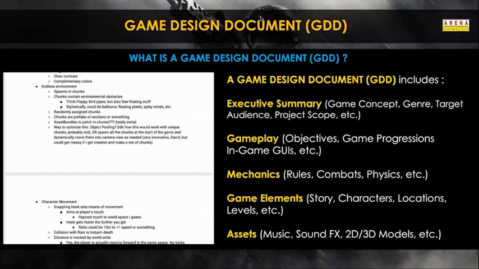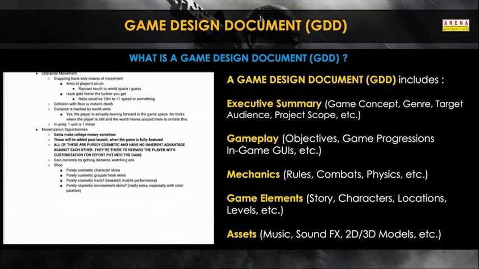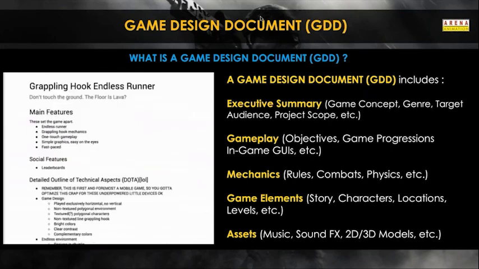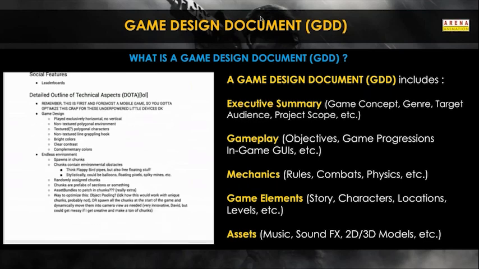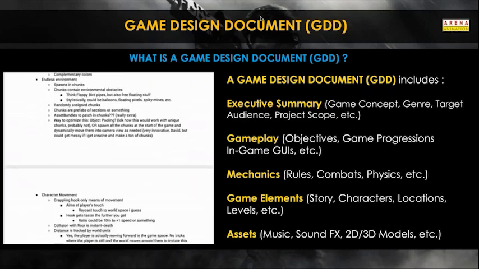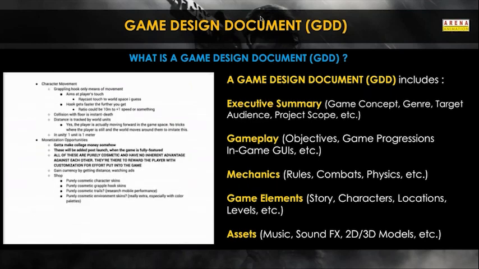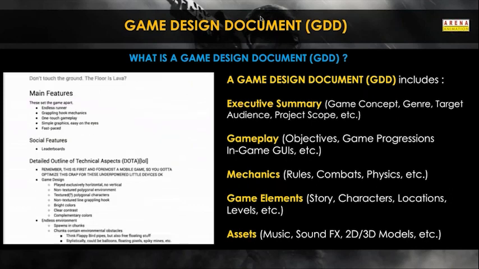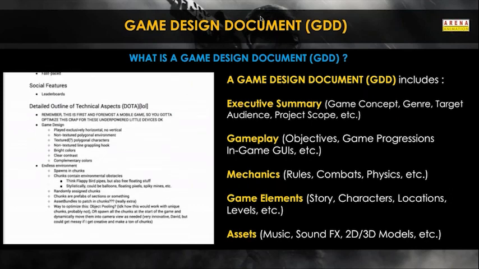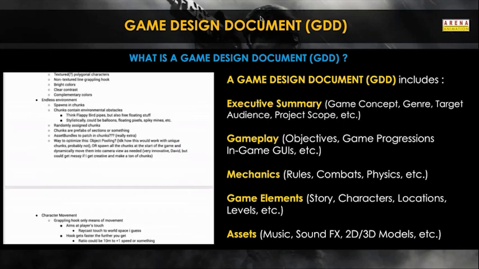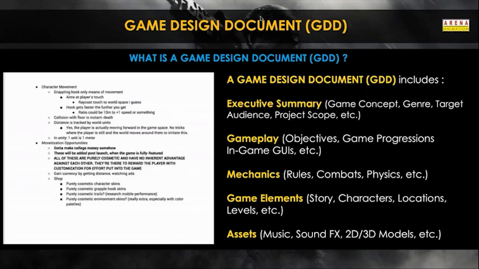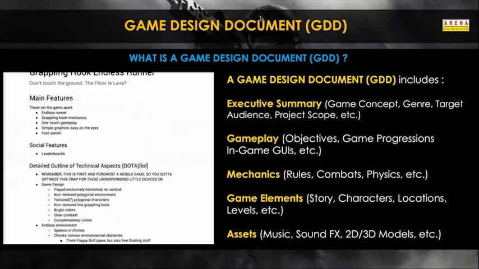All these, and some more things, are part of the executive summary, which is one part of the game design document. The second part is the gameplay. What is gameplay? It is the objectives, the game progressions, and the in-game graphic user interfaces.